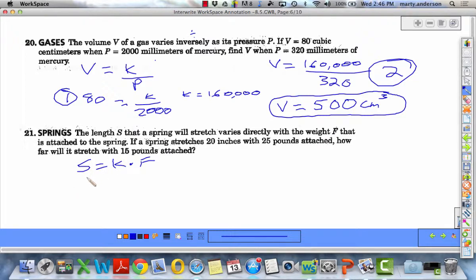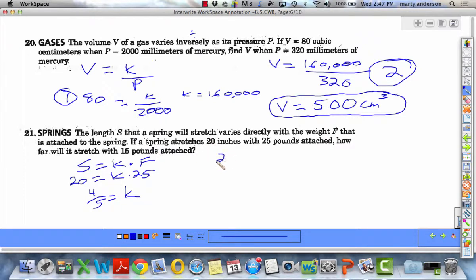Now you can do this one just like we've been doing, where I can do 20 inches for the stretch and 25 pounds for the weight, and we can solve and get the value of K is equal to 0.8 or 4/5 and then go from there.